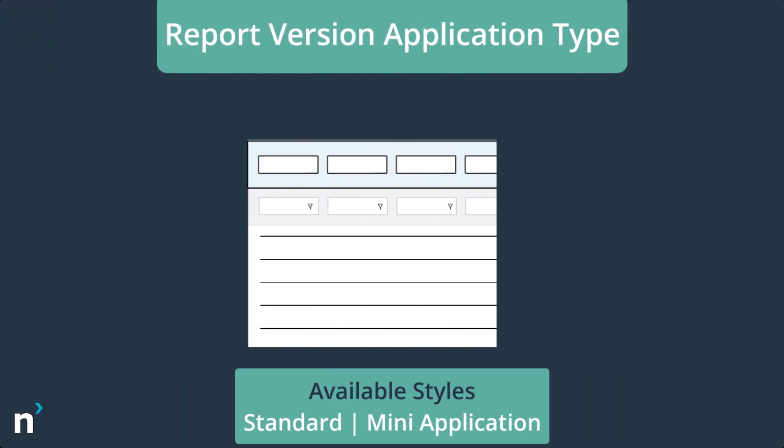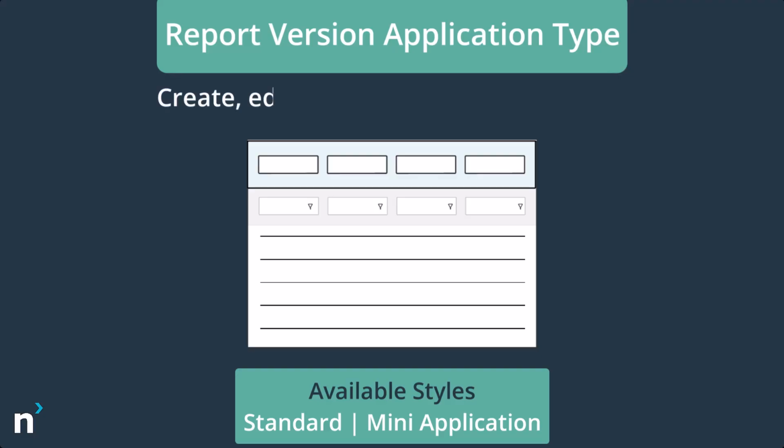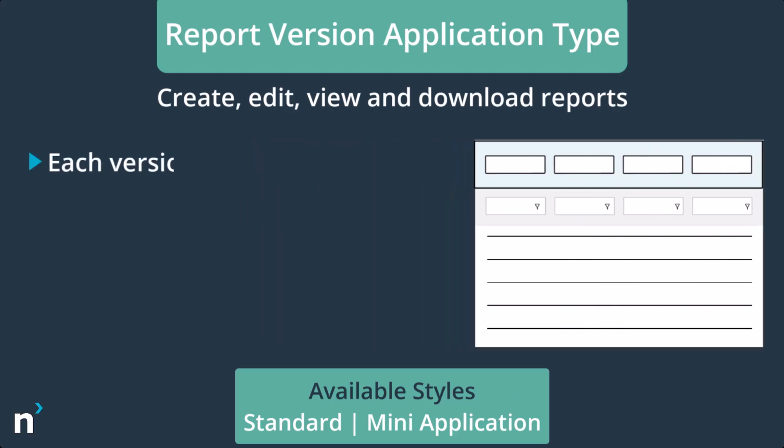The report version application type allows you to create, edit, view, and download reports based on predefined report templates. Each report version application retrieves and presents information from other applications based on criteria you specify in a report version.